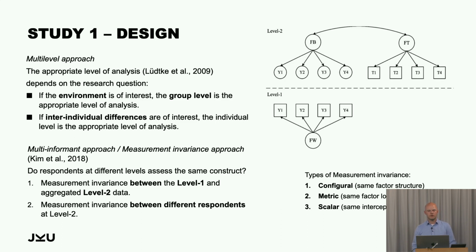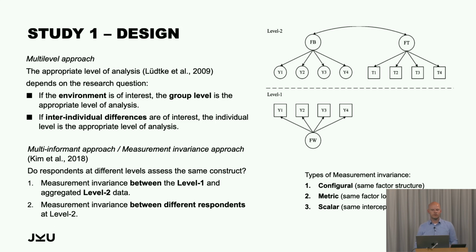As Lüdtke and colleagues argue, the appropriate level depends on the research question. It's important to ask whether effects of the context, of the environment, or effects of the individual and its characteristics are of interest. In our case, we are interested in effects of context features, and thus the appropriate level of analysis is the school level, level 2, shown in the figure.